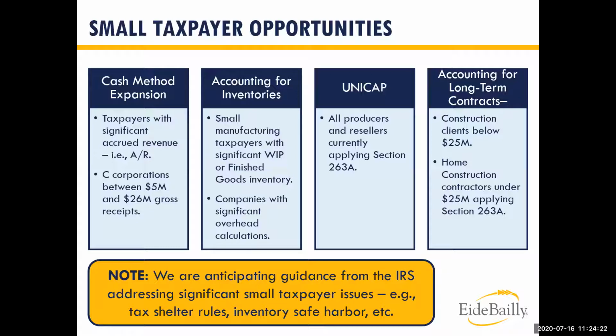If you originally do meet that definition of small business taxpayer and you avail yourself of one or more of these methods, but your facts change over time, your average annual gross receipts are now over whatever the current limit is, you may have to change back to accrual, for example, from cash, or deal with the inventory rules or the UNICAP rules as well. So it's something that you just need to keep in mind, that once you do avail yourself of these rules, it's not necessarily permanently forever into the future.